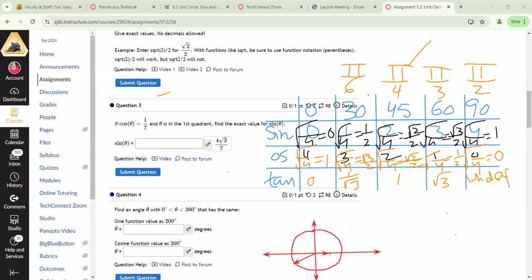If I start from here and go this way, I want to reach this place. This full is going to be 180, and coming from that side, this was 200, which is 180 and 20 more than that. And this way it is 20 less than that. So that would give the same sine value as 200 degrees.